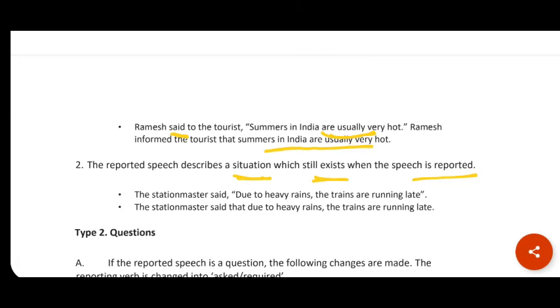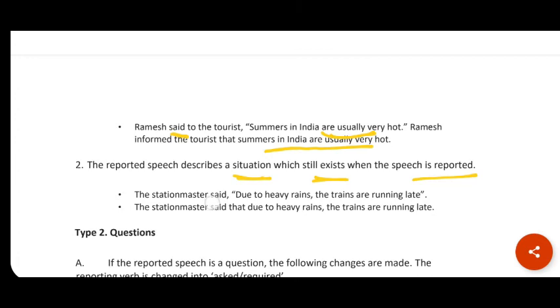For example, the station master said, "Due to heavy rains, the trains are running late."